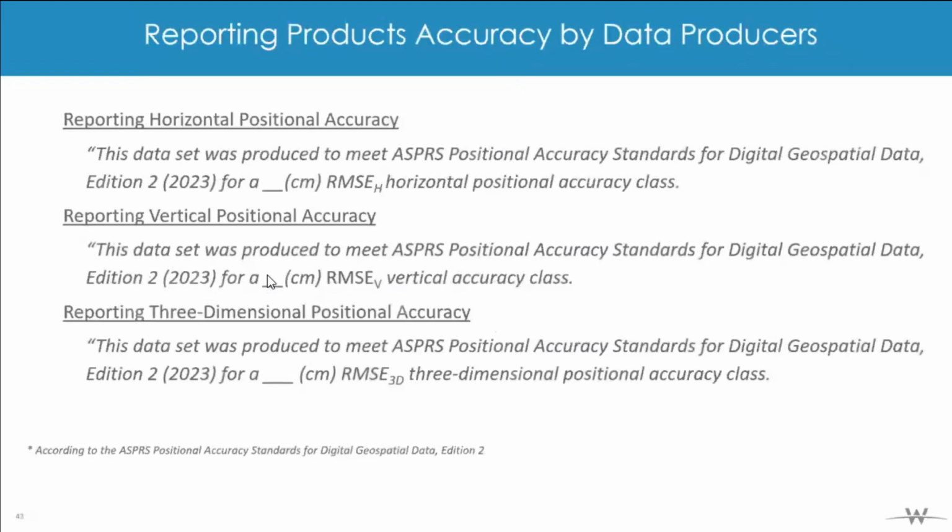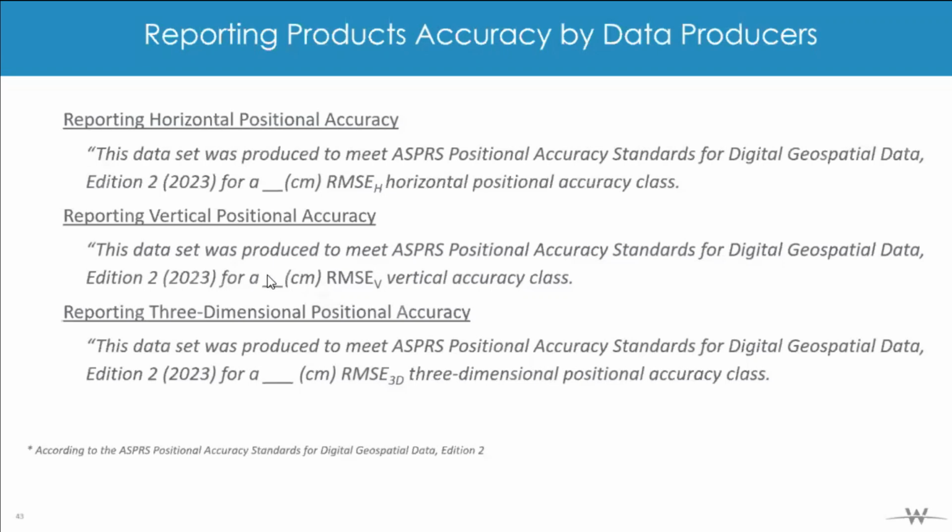The data producer statement is very simple because usually data producers don't have the privilege of having independent checkpoints. They usually use the same control points they use in aerotriangulation or the LiDAR boresighting, for example, to check their final product.